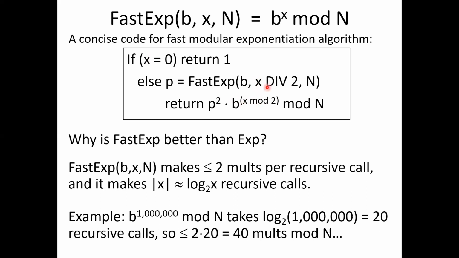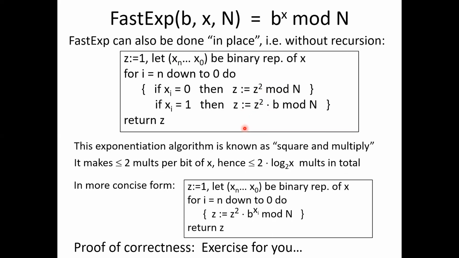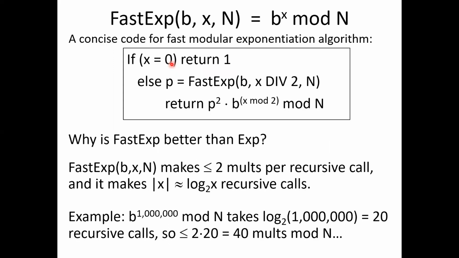So these things will be bits of x. That is an observation that leads to an in-place version of this algorithm. If you unwind this recursion, then you can see it like this: x0 to xn are bits of x, the binary representation of x.